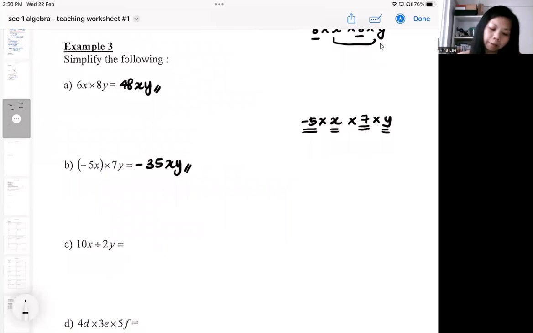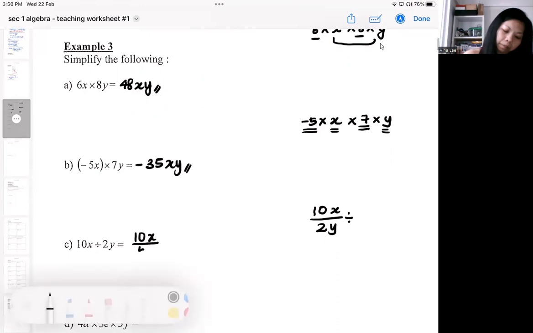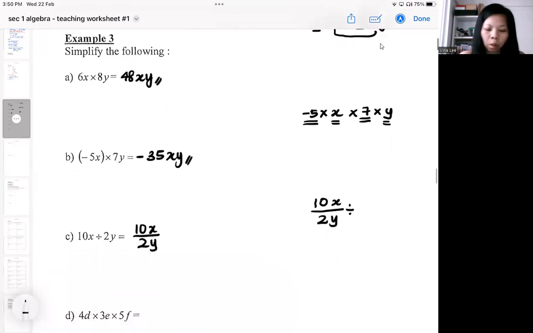When it is a divide, I choose to see it as a fraction. The algebra x is in the numerator and the algebra y is in the denominator.